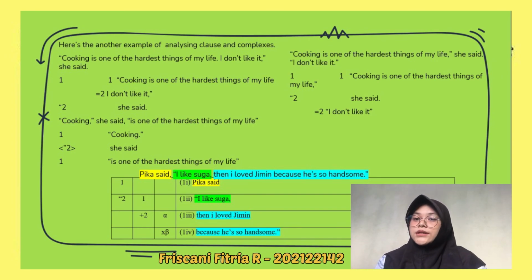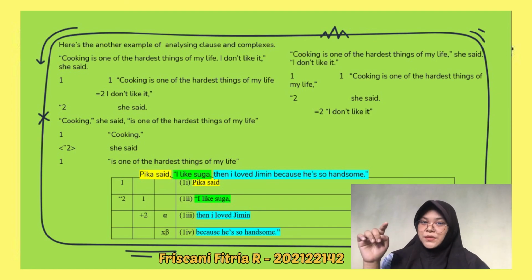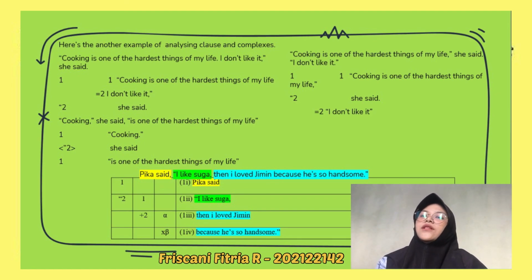So "Pika said" is not connected directly to "because he is so handsome," and "I like Suga" is also not directly connected to it. The one directly connected to "he is so handsome" is "then I love Jimin." And therefore we label it like that, like on the screen.